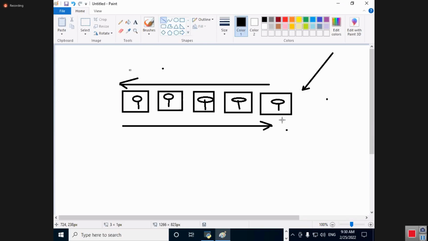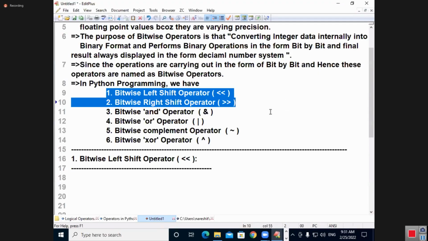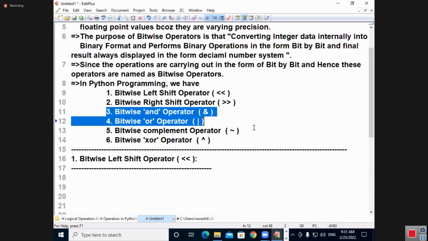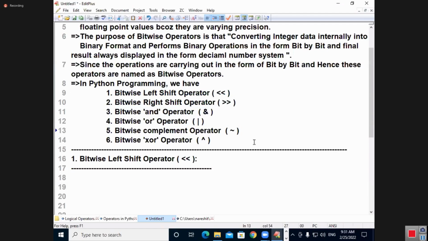At a certain point of time, I will use this operator perfectly, so that time you can understand its purpose. Today, I am telling only the internal working of the bitwise operator, the left shift operator. One or two operators I will tell like that. Later I will tell you the other purposes and other operators in the class.